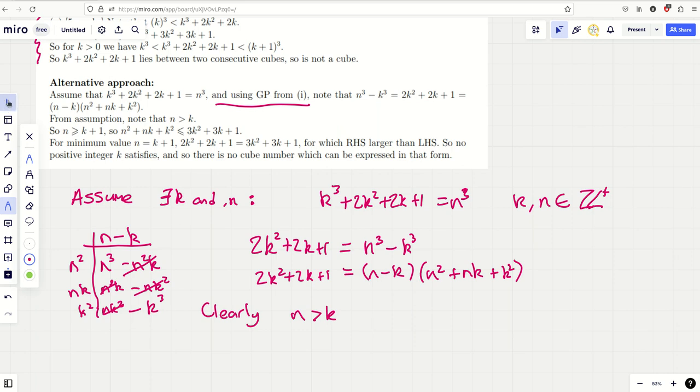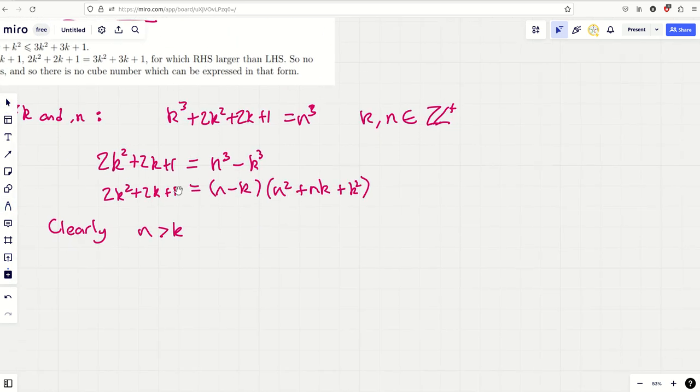Now before I go any further actually, can I just jump in here and look at this result here? We're saying that 2k squared plus 2k plus 1 equals these two multiplied together, and that's the case if this first statement holds, which we're going to try and show isn't true. But what we can deduce from this is that n squared plus nk plus k squared must be less than or equal to 2k squared plus 2k plus 1.